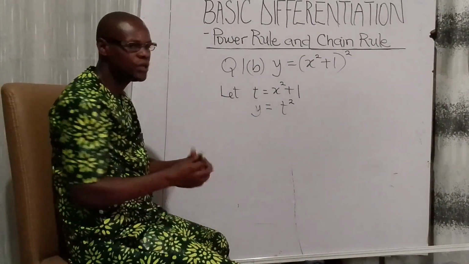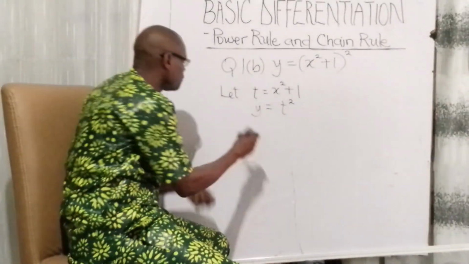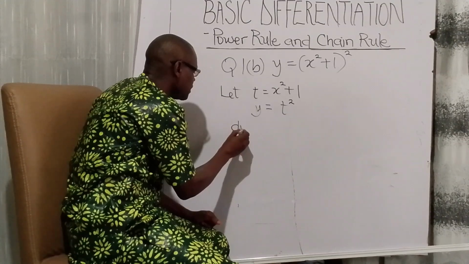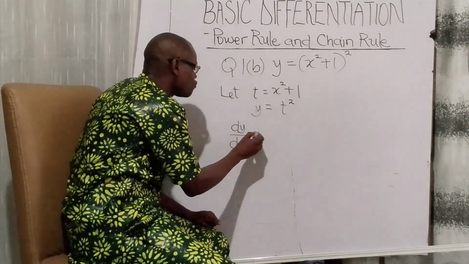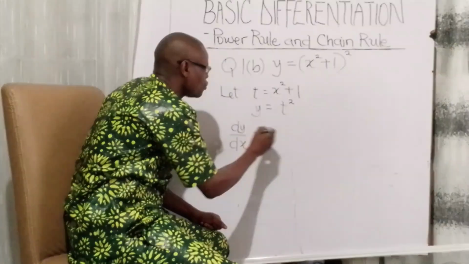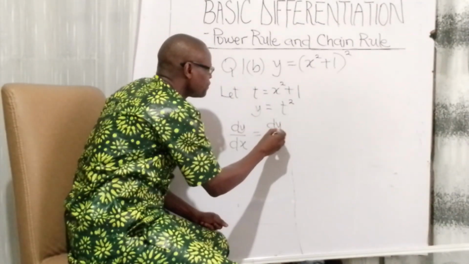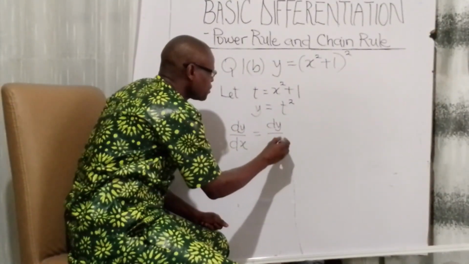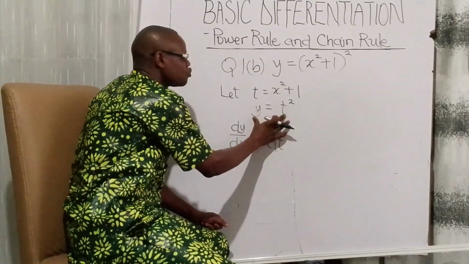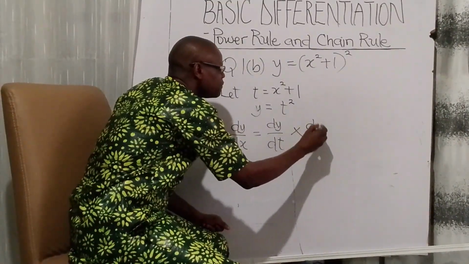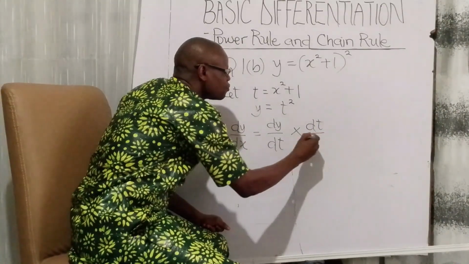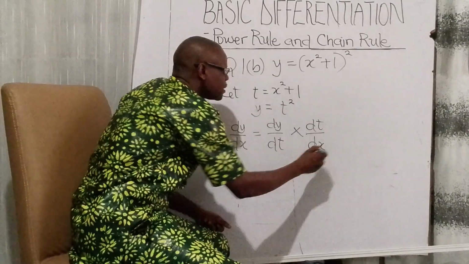Now, how do we apply the chain rule now? dy/dx is equal to, so what we have is we differentiate y with respect to t using this function. Then we now multiply by differentiating t with respect to x.